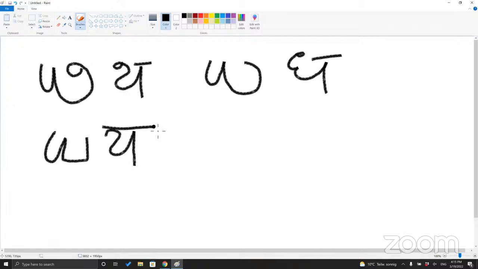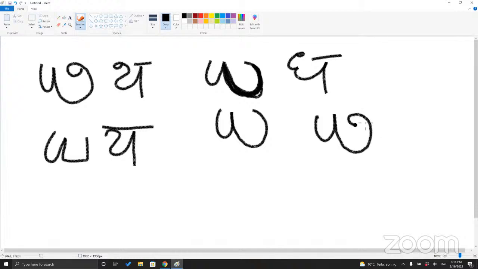It might look similar to ya. The difference is it goes a bit underneath and it's a bit longer and it's curvy. This bit goes like this for one, and for the other it makes a loop. So those are different, and the ya is flat.